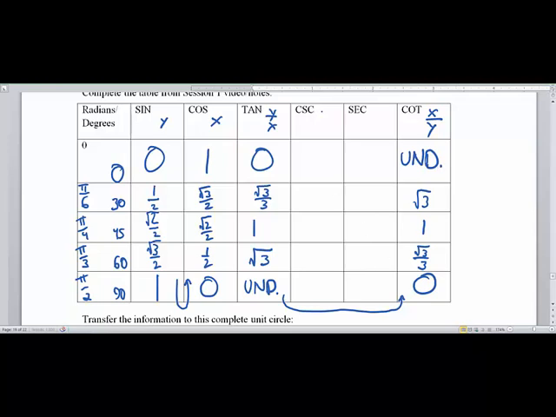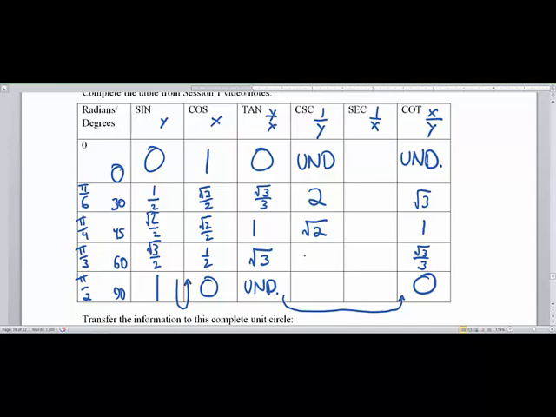So cosecant is going to be the reciprocal of sine, and secant is going to be the reciprocal of x. So what I'll do is just take my sine and take the reciprocal of that, and the reciprocal of 0 over 1 is undefined because that would be 1 divided by 0. This is going to be 2 because that's the reciprocal of 1/2. The reciprocal of square root of 2 over 2 is square root of 2 once fully simplified, and again for full walkthroughs of these, please go back to session 1.